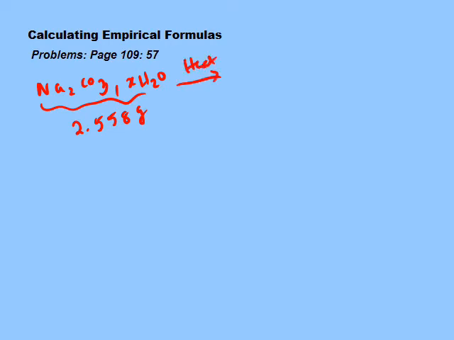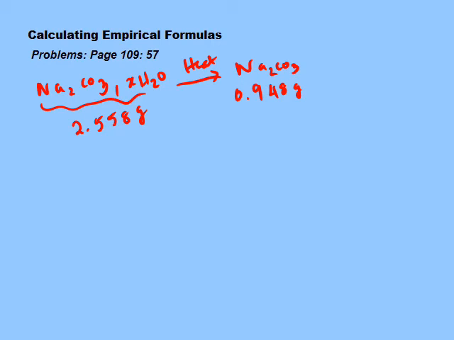When it's heated, water would be lost and you get anhydrous sodium carbonate, Na2CO3. In other words, there'll be no H2O with Na2CO3. So this is going to be 0.948 gram. Now the question is, what is the X value?